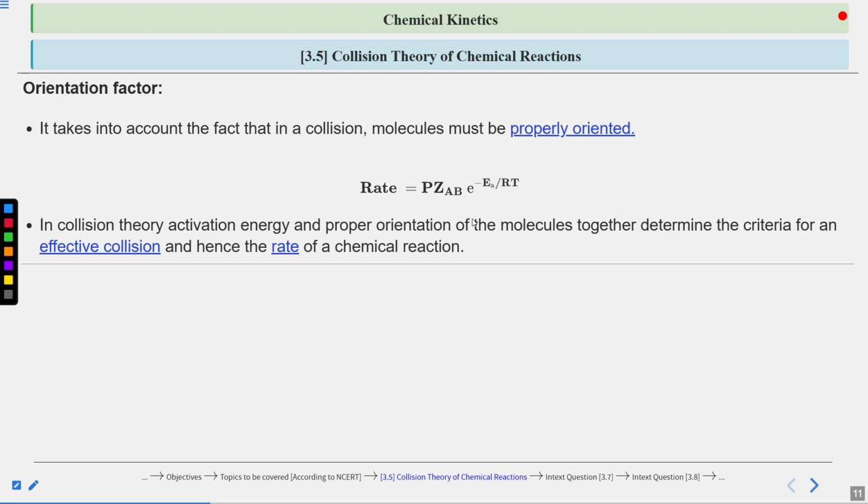The activation energy, E subscript a, and the proper orientation of the reacting species together determine the criteria for the effective collision and hence the rate of the chemical reaction. So if the orientation is proper between the reacting species and they have proper activation energy in them, the rate of the chemical reaction will also be faster, right?